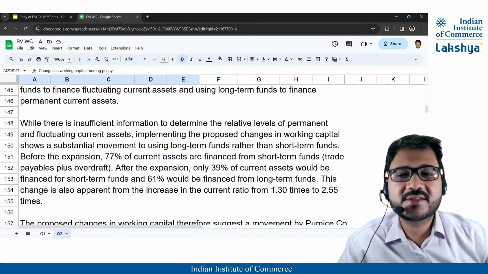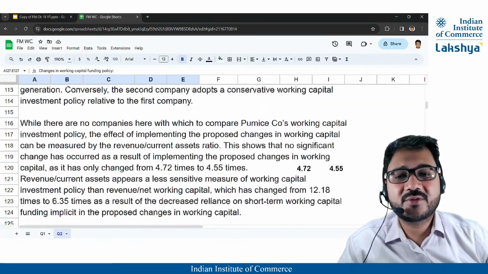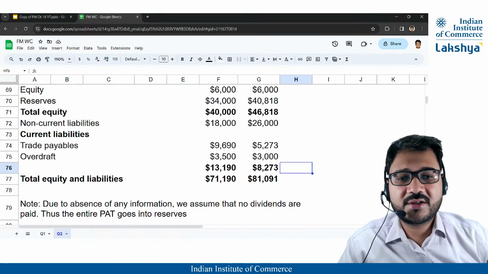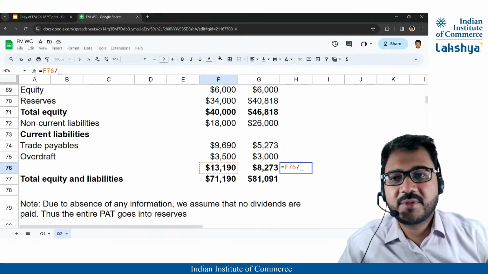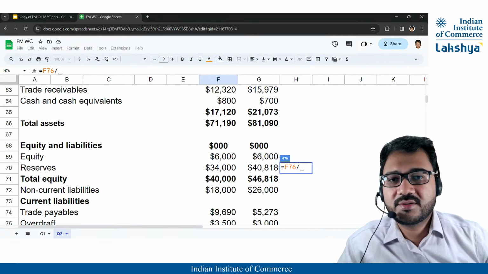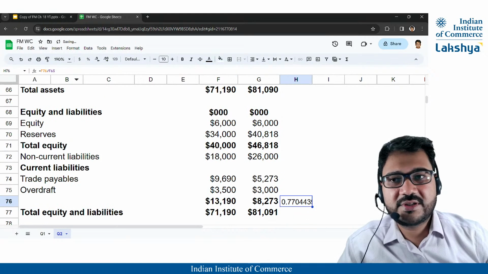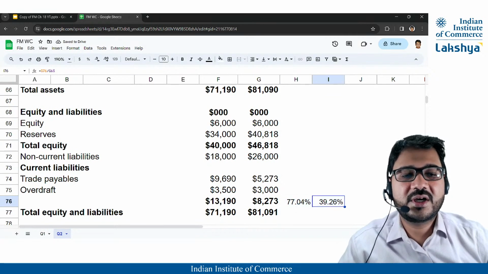Okay. To be precise, before expansion, 77%. How do you find that percentage? It's very simple. You will take this divided by your total assets. This is 77%. Okay, and now it is just 39% after expansion.